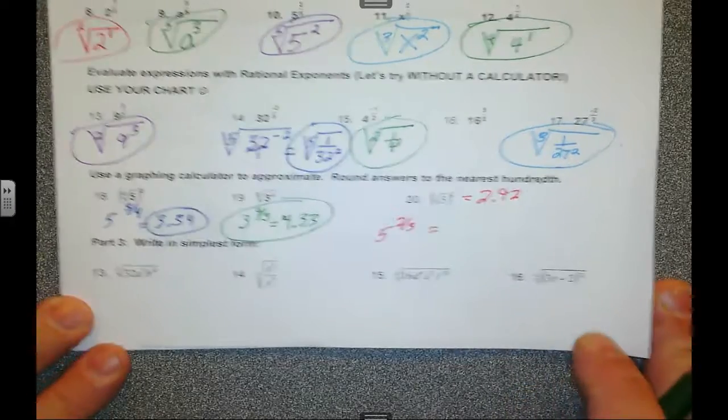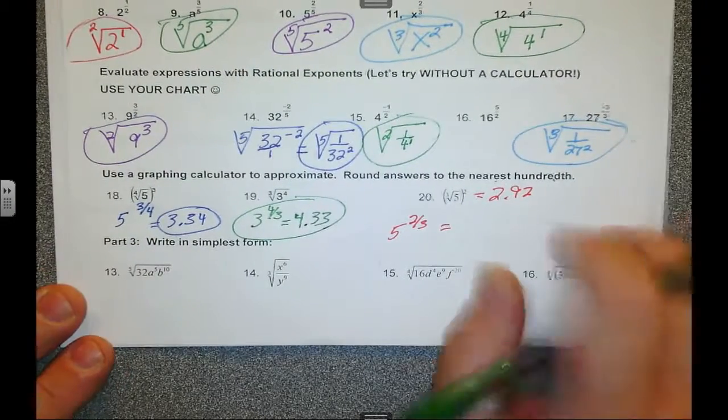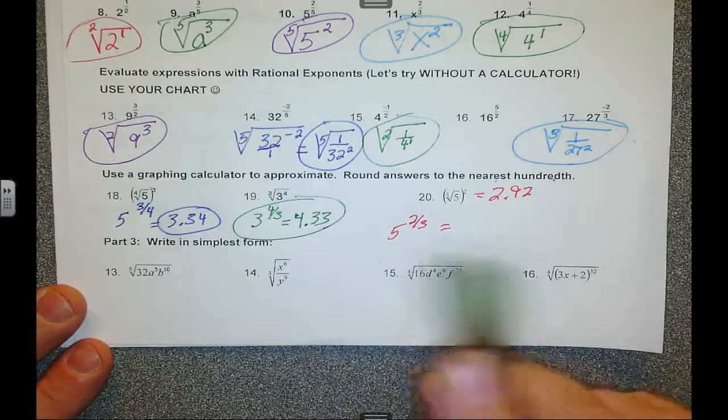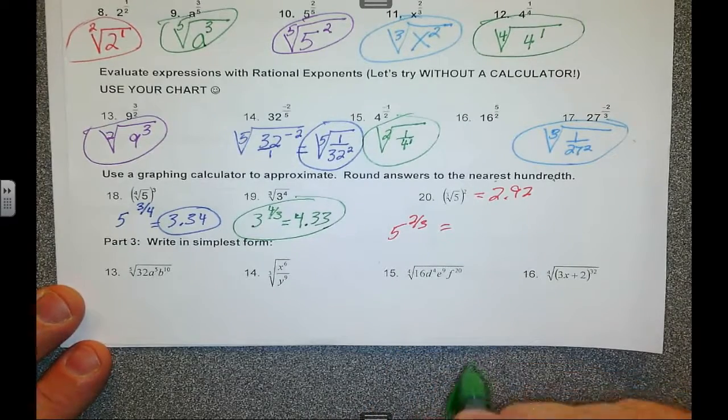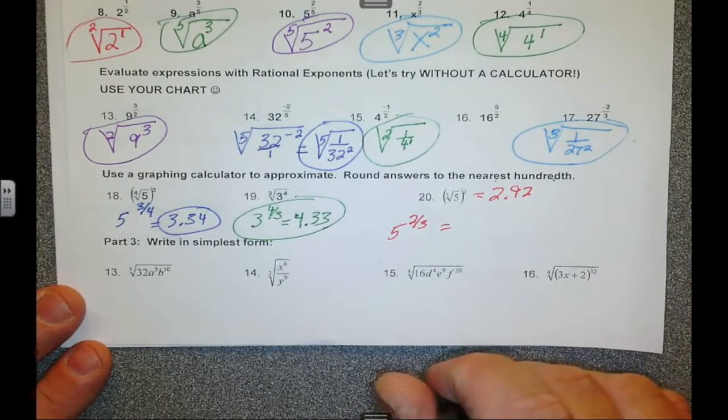Now, guys, let me ask you something. In Algebra 1, did you simplify radicals? Now, let me ask you something. If I don't even remember what I did last night, what makes you think I remember what I did last year?